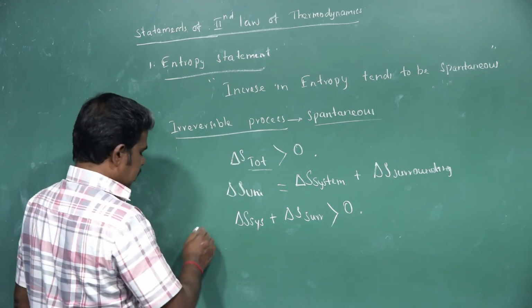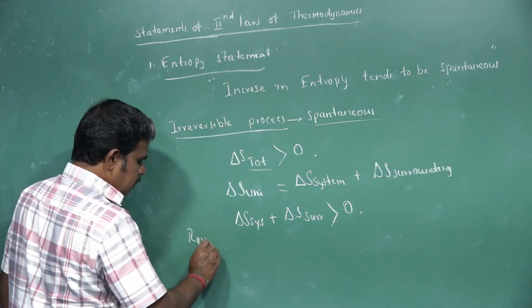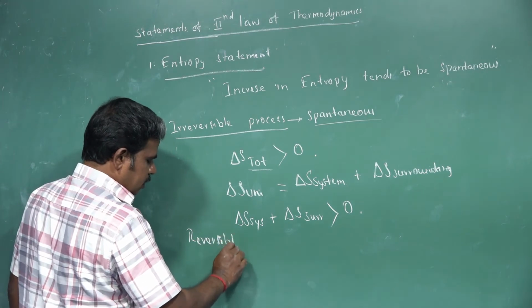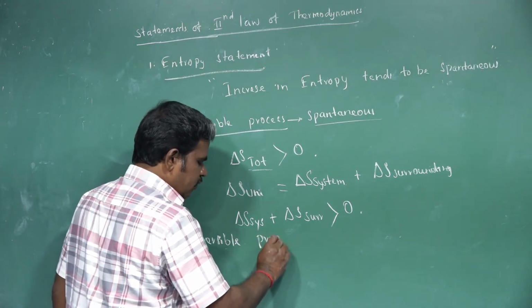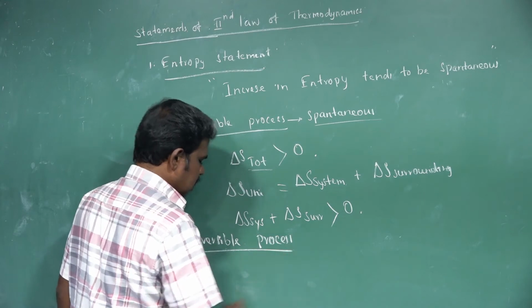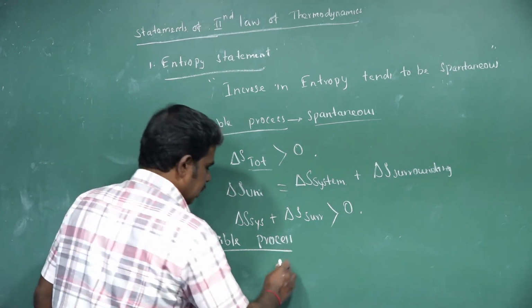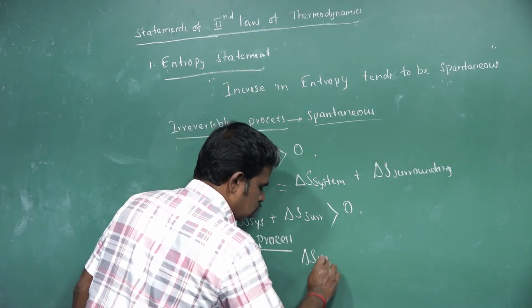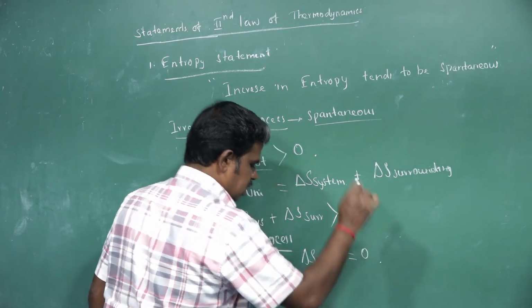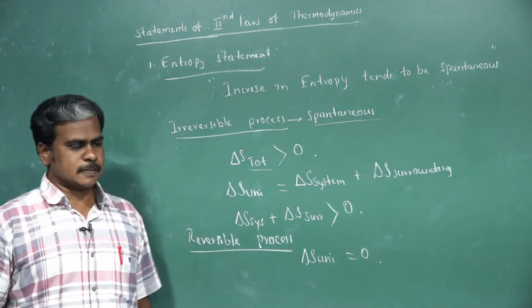Now we are taking a reversible process. For a reversible process, what will happen? The reversible process attains equilibrium, so that delta S universe becomes 0.